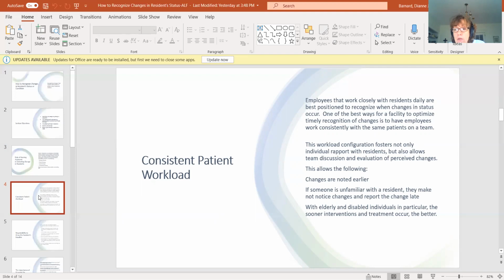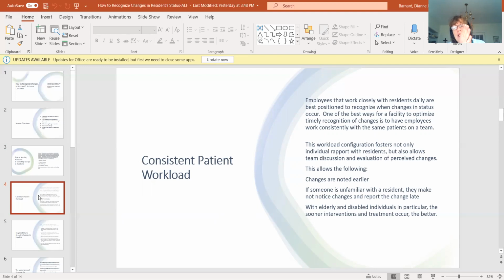So there are some ways that you can make yourself safer in patient care and then optimize your delivery of those services. When you work as a team, with the same people, the negative changes are seen a little earlier, interventions can occur earlier, treatment can occur earlier, and then of course the patient has a better chance for a good outcome.